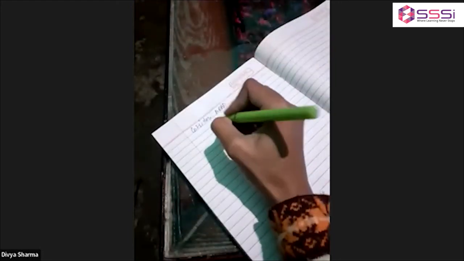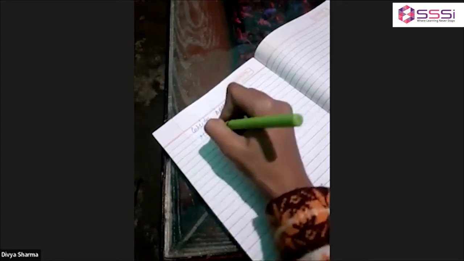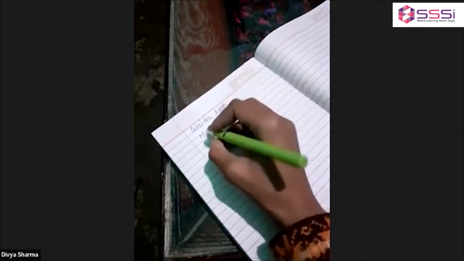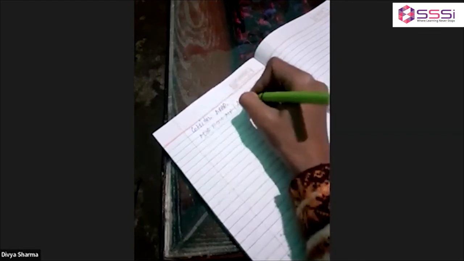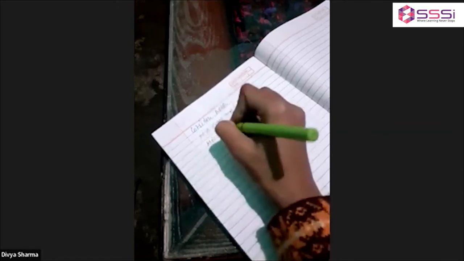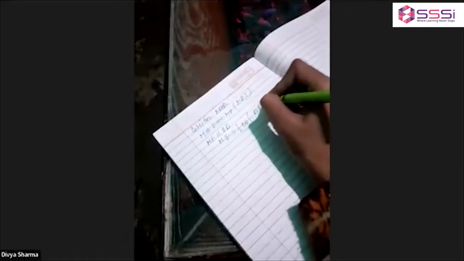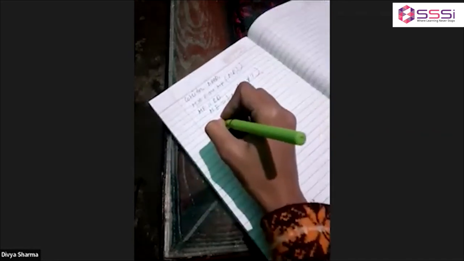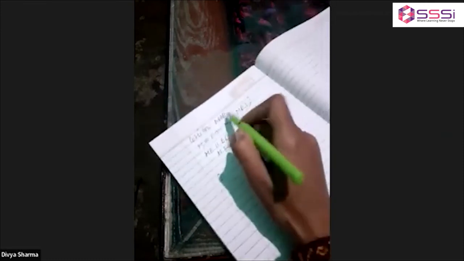Similarly, HE is parallel to BD and half of BD. This is in triangle BAD.